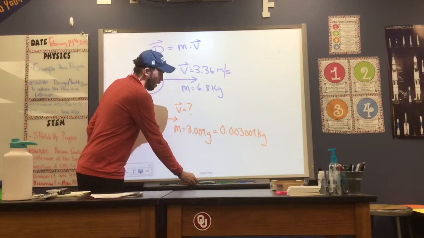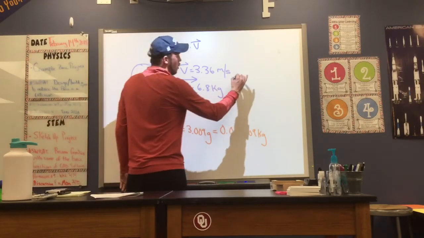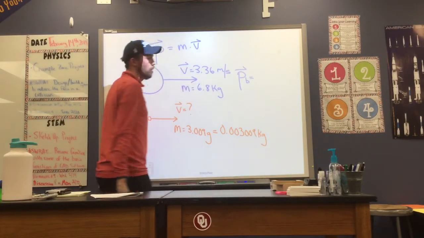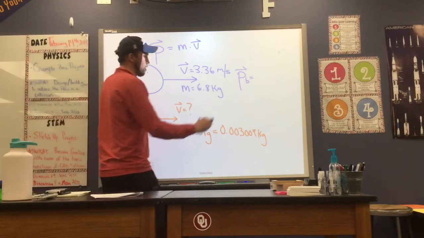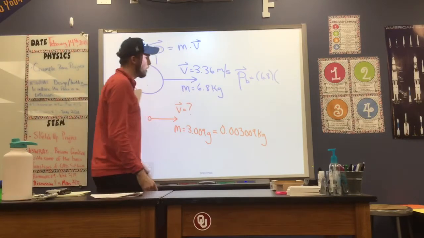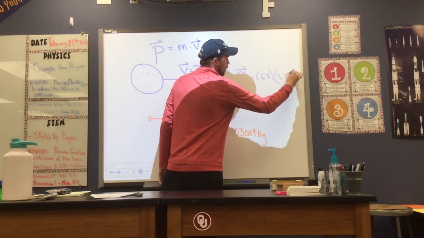The first thing I'll do is find the momentum of the bowling ball. I'll call this momentum P sub B, for the bowling ball. I'm just going to take the mass of the bowling ball times its velocity. So 6.8 kilograms times 3.36 meters per second.